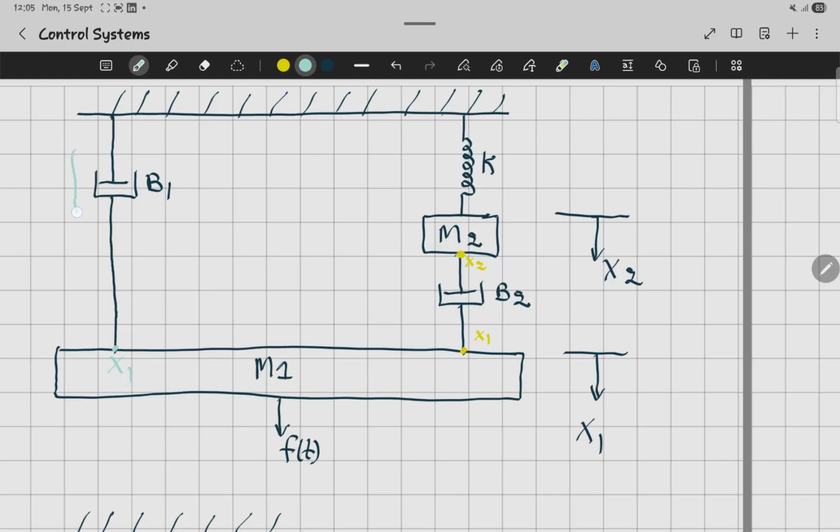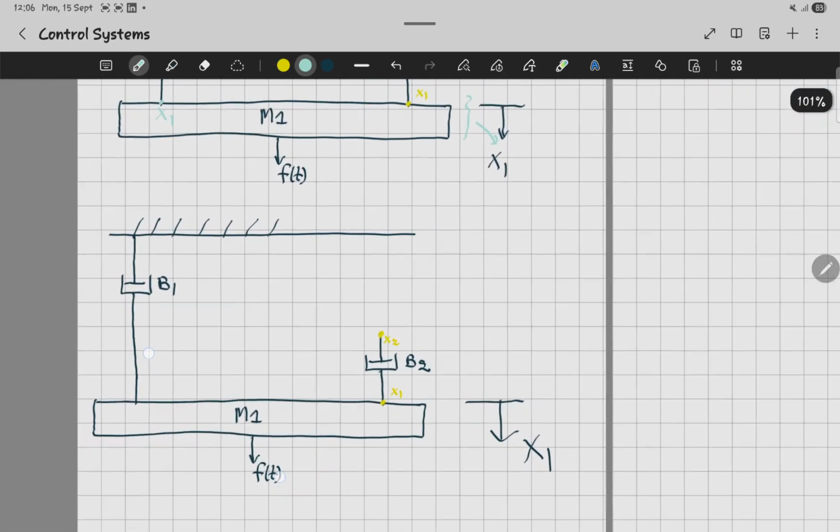That means all of this is gonna be times x1, except for this one because it's actually connected between mass 1 and mass 2, which is all of this here that is based on x2, except for this side, because this one is also based on x1.